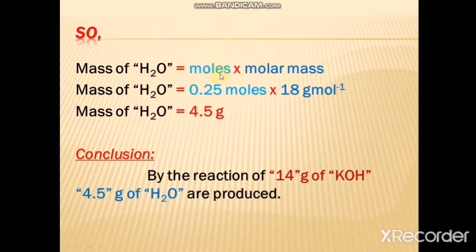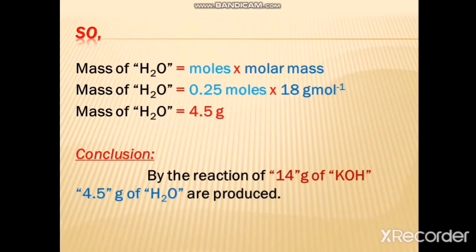Mass of water will be equal to moles of water produced multiplied by molar mass of water. So 0.25 moles multiplied by the molar mass of water, which is 18 grams per mole. Students, per mole and moles will cancel out, and we will have 4.5 grams of water. So by the reaction of 14 grams of potassium hydroxide, 4.5 grams of water are produced.